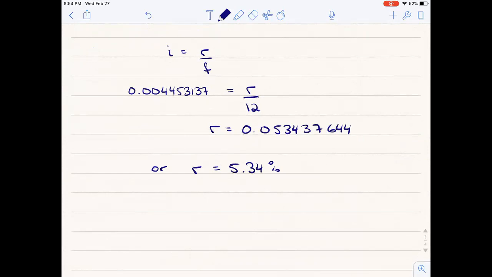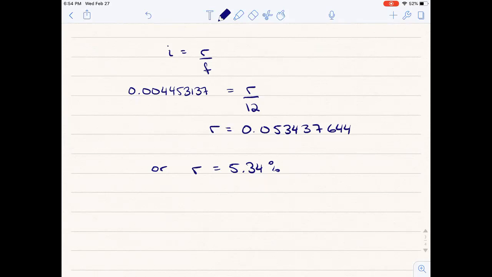If you do that little check-in where you convert it to a percentage, you should be able to tell pretty quickly if it's a reasonable value or not. Usually these rates are not higher than 10% even, so usually they're in the realm of less than 10%.